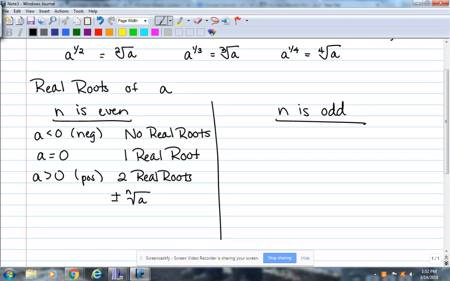So if we take the square root, the fourth root, the sixth root, etc., if we have a positive number, remember we have to consider the plus and minus. Now, if your index is odd, it's a little bit different. You can take the cube root or the fifth root or the seventh root or the ninth root of a negative. So if it's negative, you will have one real root.